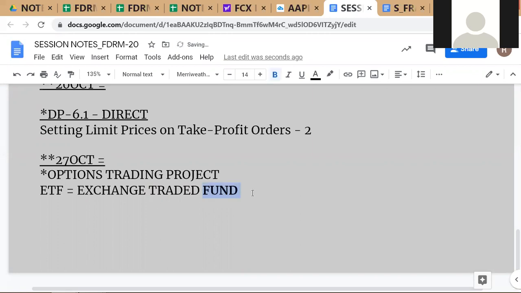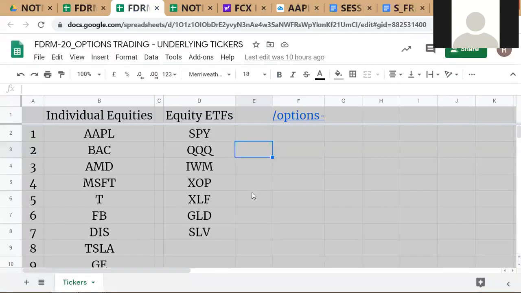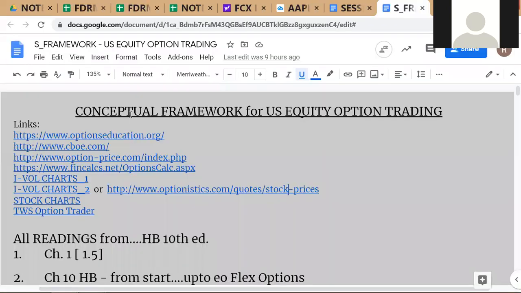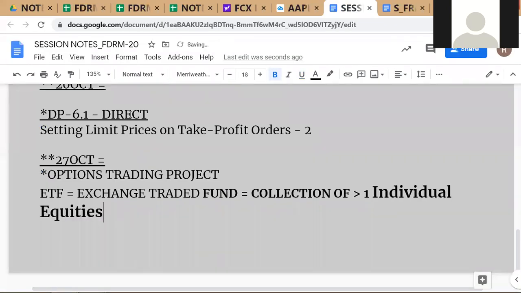Fund means a collection of greater than one individual equity security.